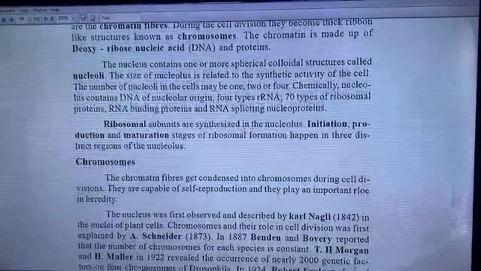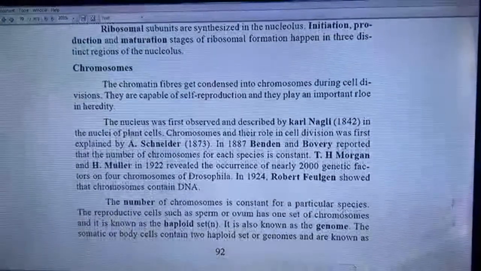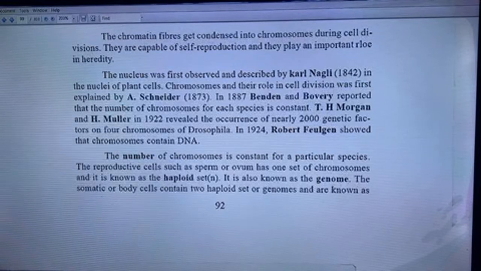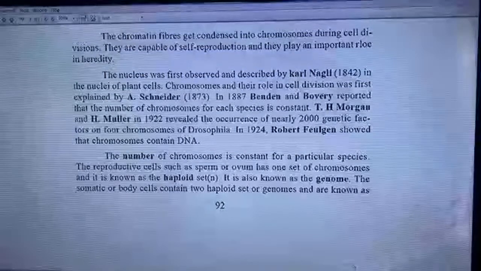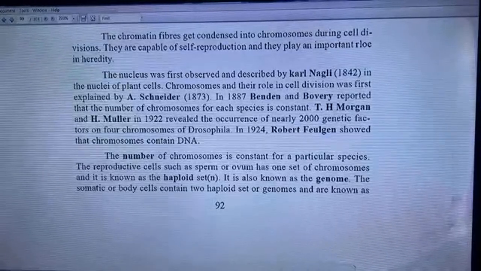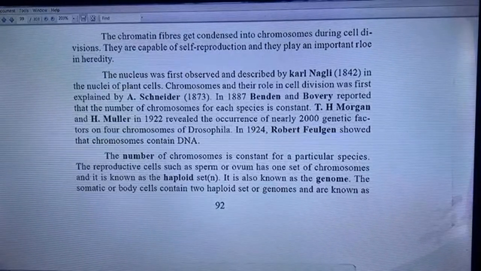During cell division, they are capable of self-reproduction and they play an important role in heredity. The nucleus was first observed and described by Carl Nageli in 1842, and the nuclei of plant cells, chromosomes, and their role in cell division were first explained later.